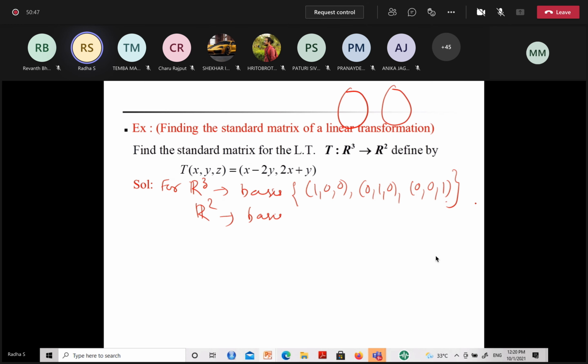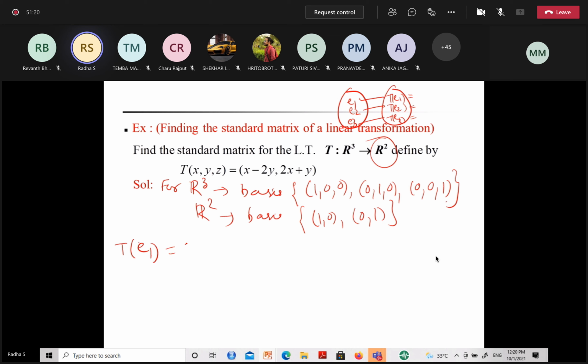So for R square, the basis is 1, 0, 0, 1. So what you have to do as usual, always draw diagrams like this. E1, E2, E3, find the image. Then try to represent that as a linear combination of E1 and E2 here.